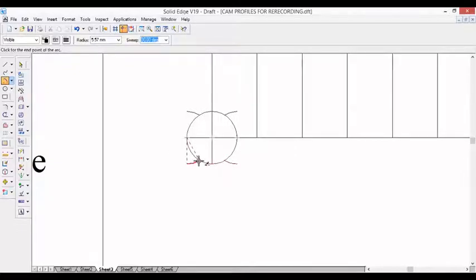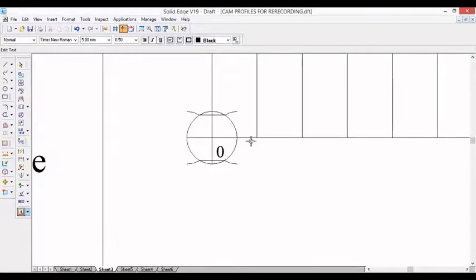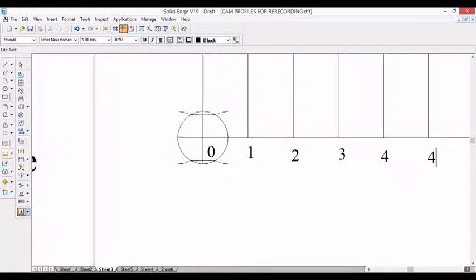Cut one more arc on the circle and join these intersections. Let us call this intersection 0, and the divisions 1, 2, 3, 4, 5 and 6.